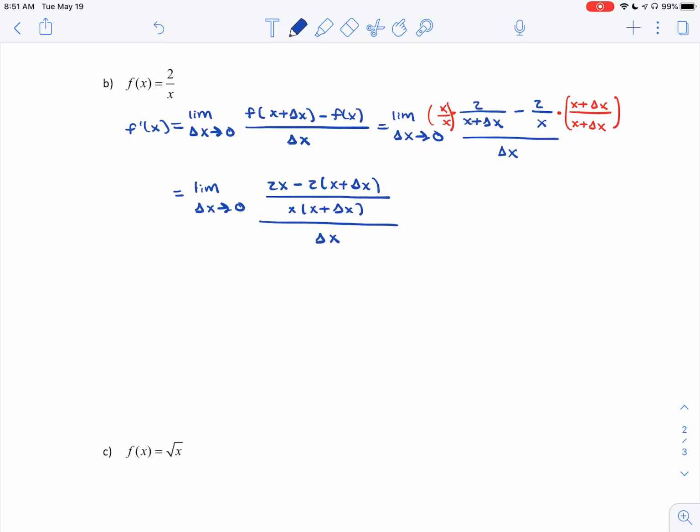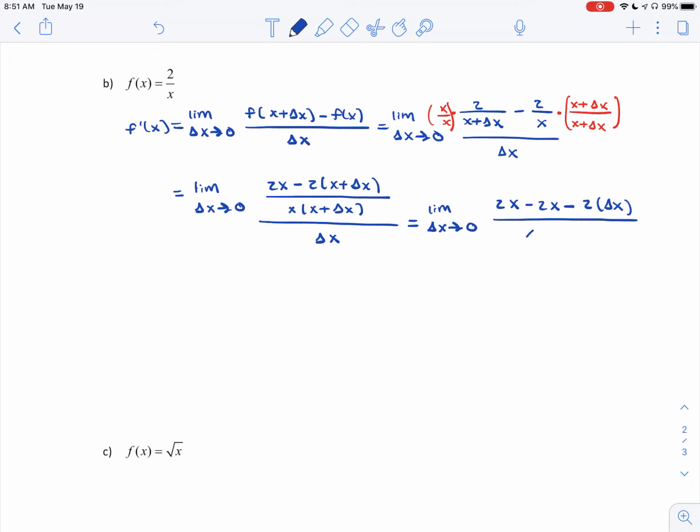All right, let's go ahead and clean up that numerator a little bit. So just keep carrying that limit along. So this guy, if we distribute that negative 2 through, we'd get minus 2x minus 2 delta x.